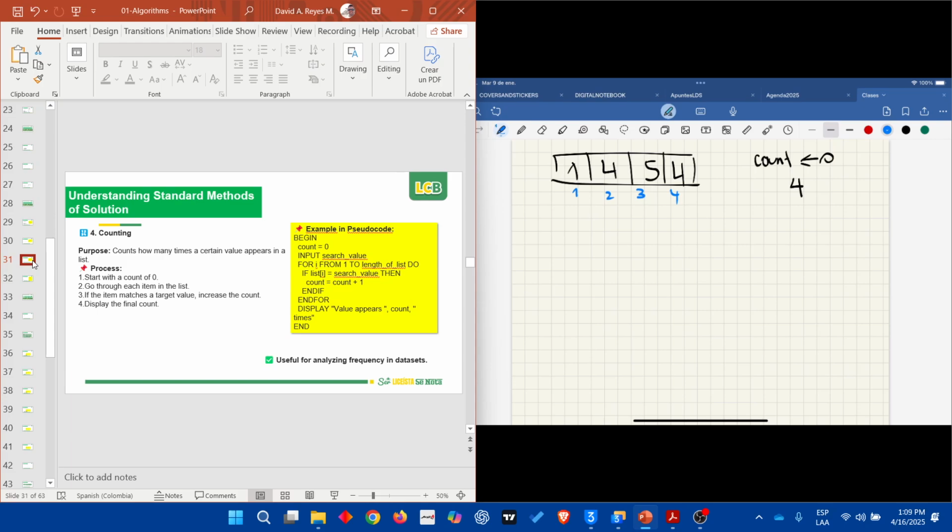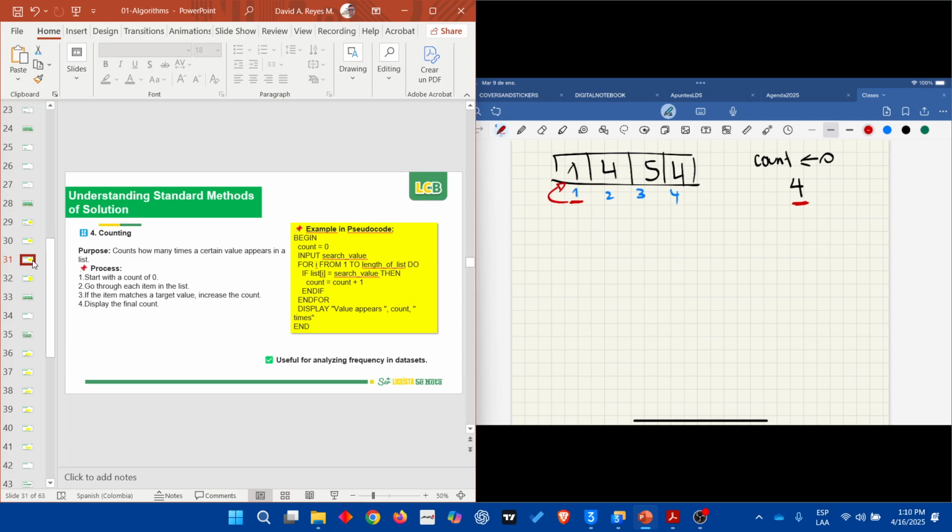Why? Because here you have the positions, or the size of the list. So if the list in position number 1, we have the number 1. Is the number 1 equal to the number that we are going to look for?